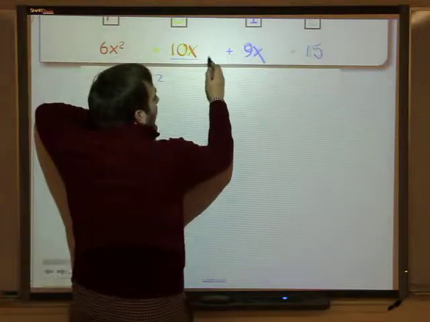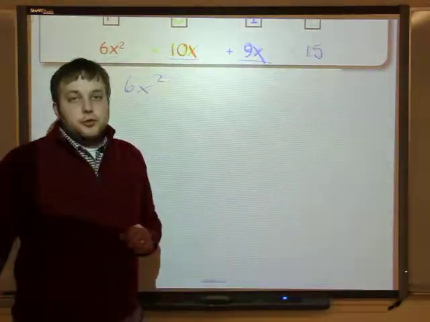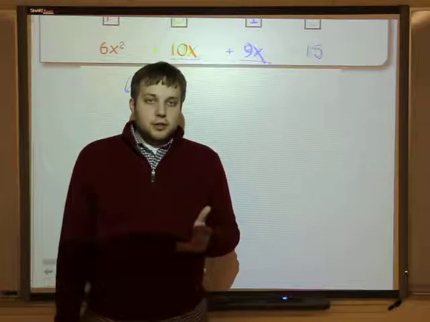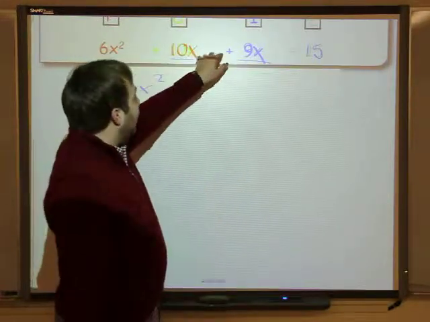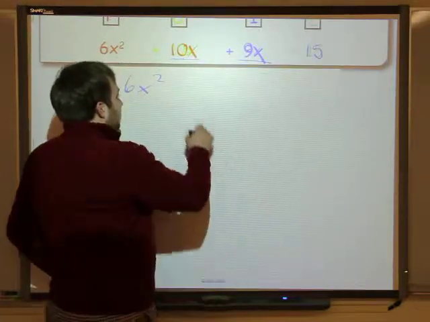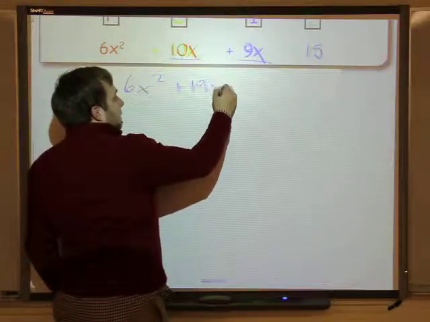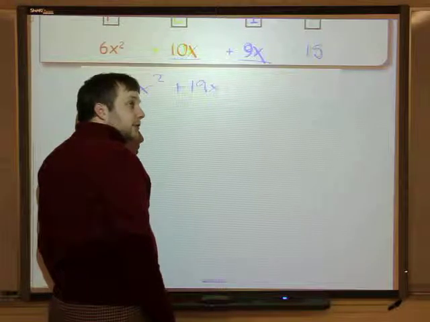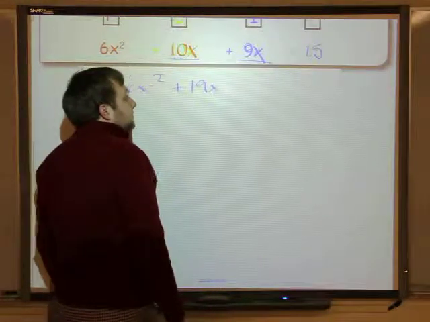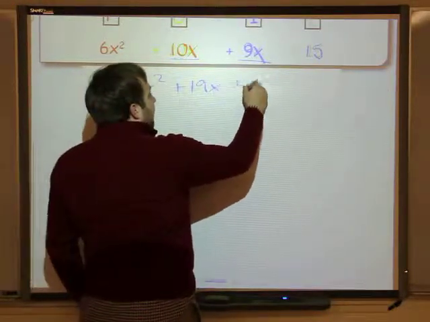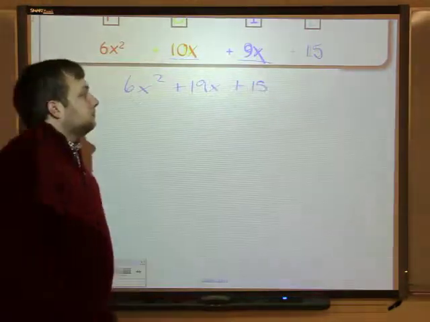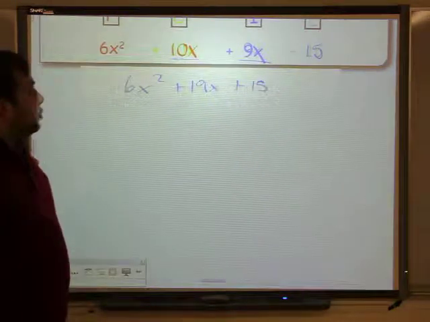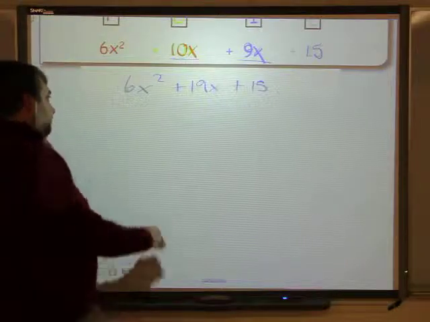However, now I'm adding, and I can combine those two middle ones, because they're like terms. That should give me 19 x's. 10x plus 9x, that's 19 x's. And then I'm going to add 15 on the end. No more like terms, and I'm done.